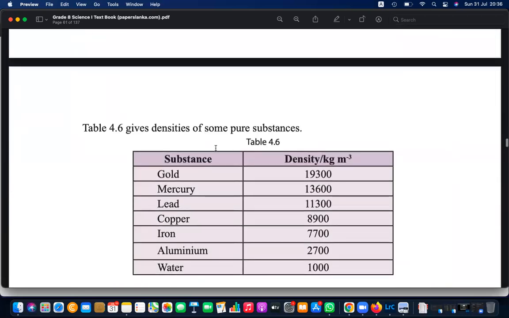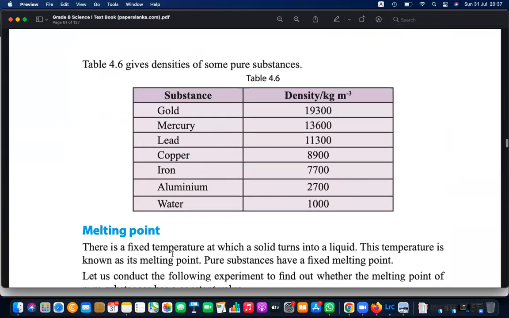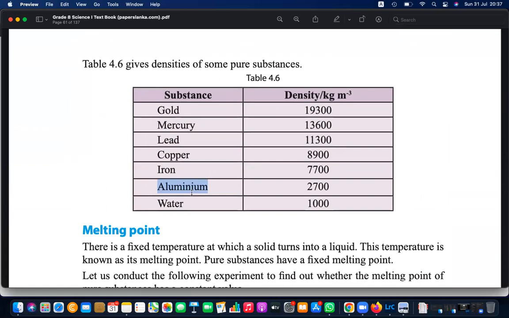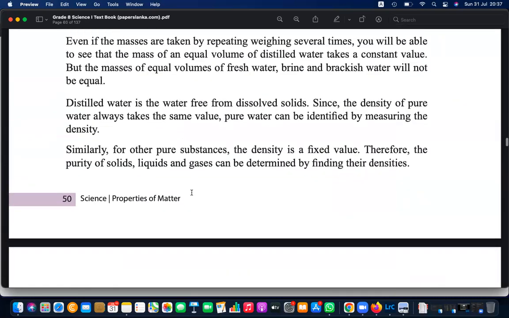These are pure substances. Gold: when you break it down, the smallest element is also gold. Mercury: when you break it down, the smallest is also mercury. When you break it down and the smallest is also the same substance, we call that a pure substance, right?